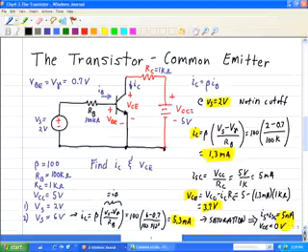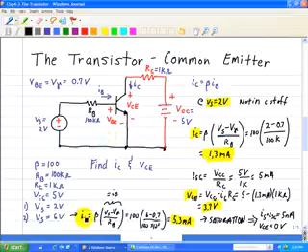So in essence, we tried two different voltages. At 2 volts, we assumed it's active mode, and it turns out to be so, and IC is 1.3 milliamps, which is less than the 5 milliamp short circuit current. Now when Vs is 6 volts, we see that the transistor is conducting.